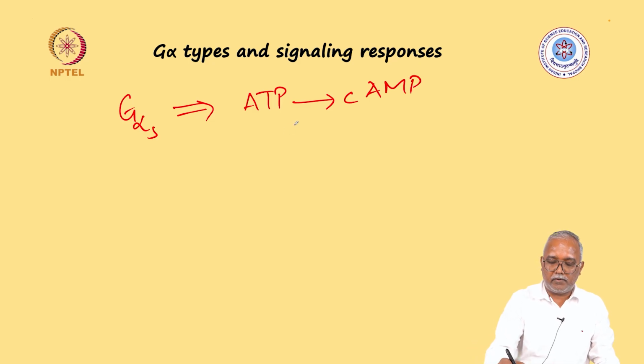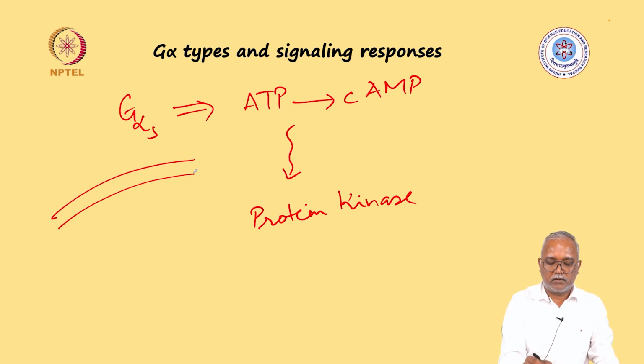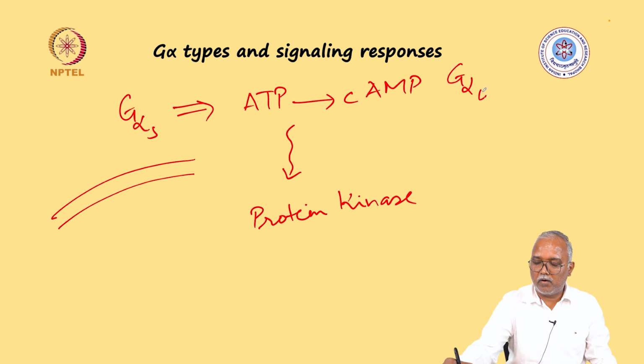Cyclic AMP generally works through the protein which is called protein kinase A. So if we understand this particular response, and as I said, many of the G-alpha-S are also called G-alpha-olf.